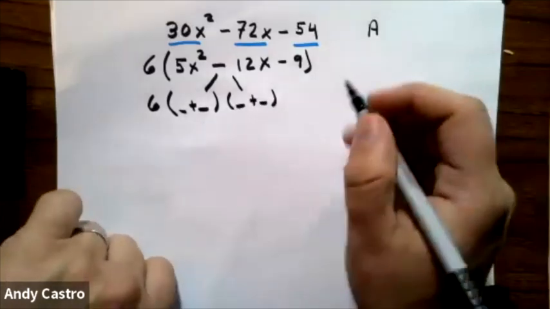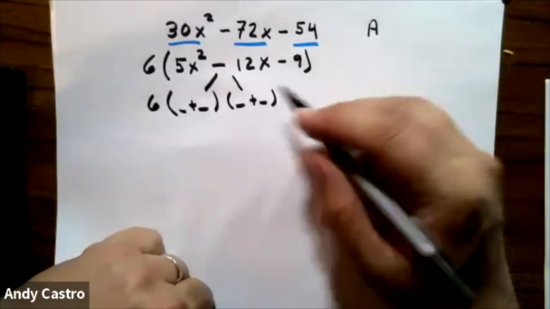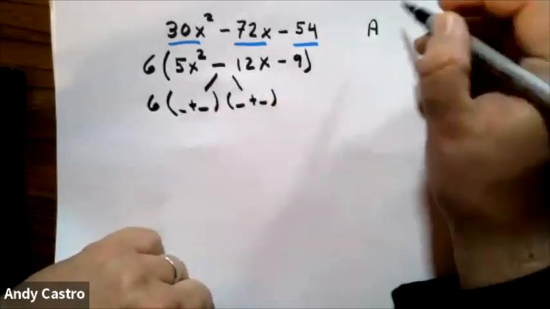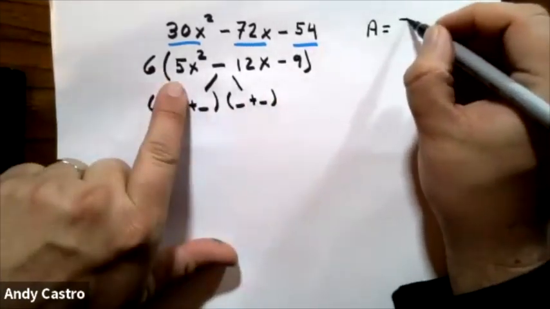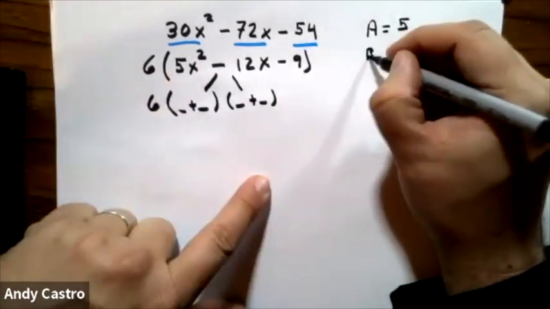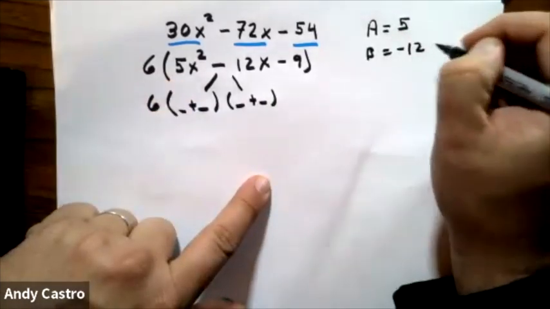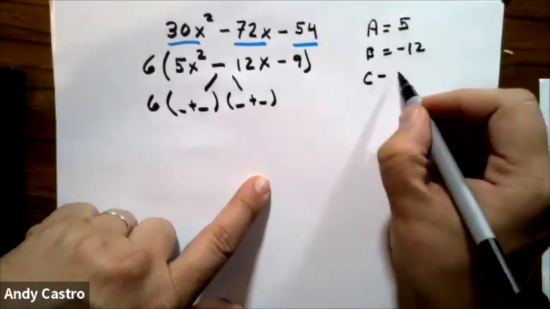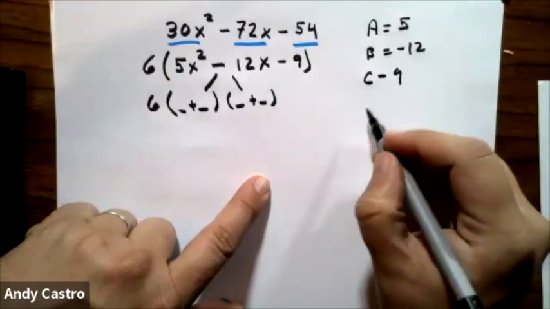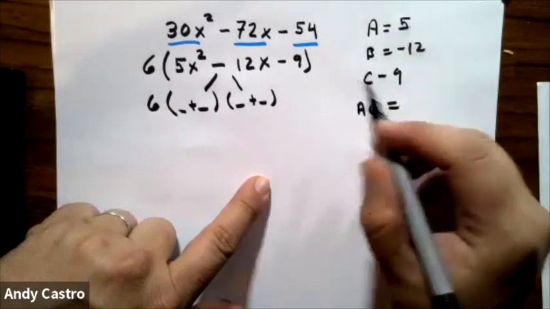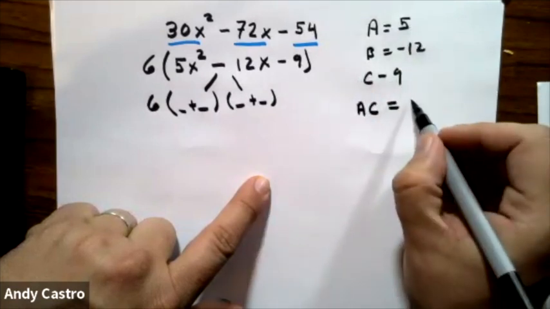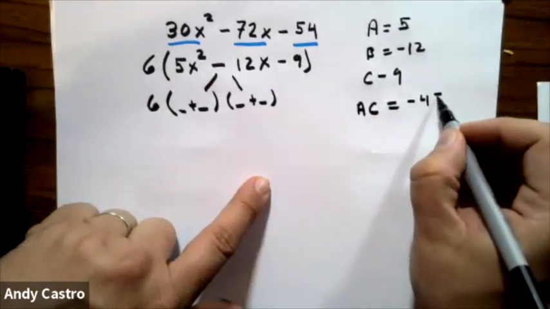Okay. All right. Now, let's go back here, looking at just our quadratic. After I factored the 6 out, my A is 5. My B is negative 12. My C is negative 9, which makes AC 5 times negative 9, which is negative 45.